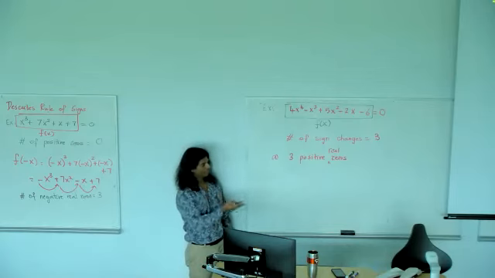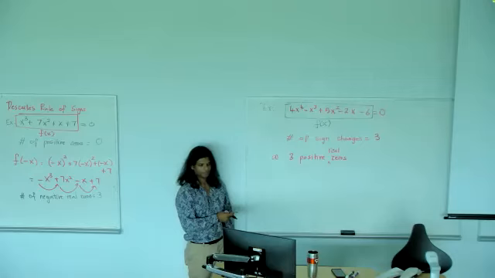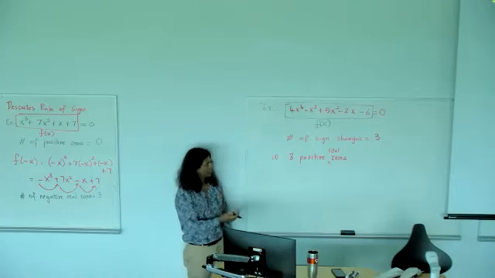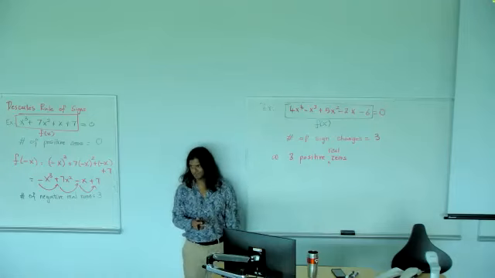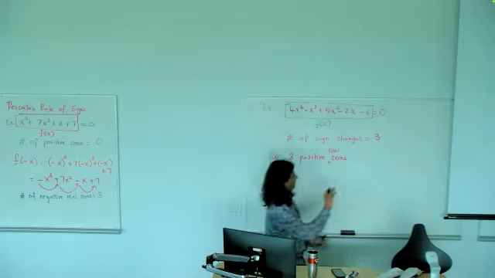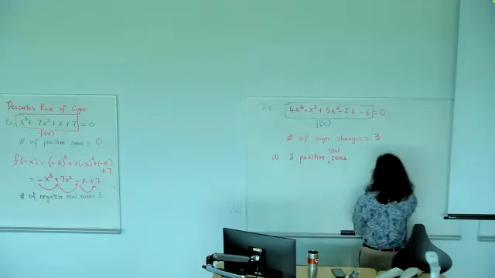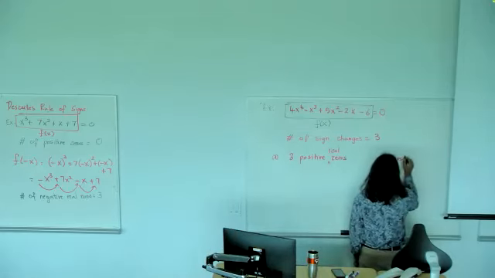Well, what is the first even integer that comes to your mind? Two, right? What is 3 minus 2? 1. So the conclusion would be only 1 positive real zero.